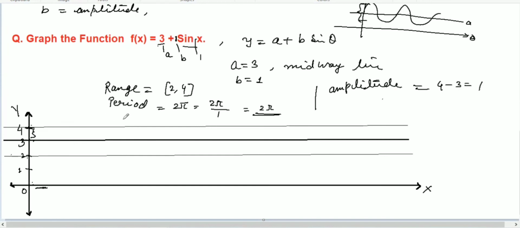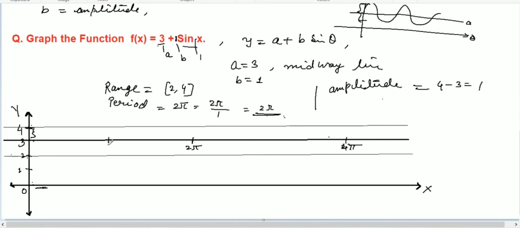Now let's draw the graph here. First find out what the period is here. Period is 2 pi, so I'm going to draw it here. After 2 pi we take 4 pi, as there is no domain given, so let's draw it till 4 pi.